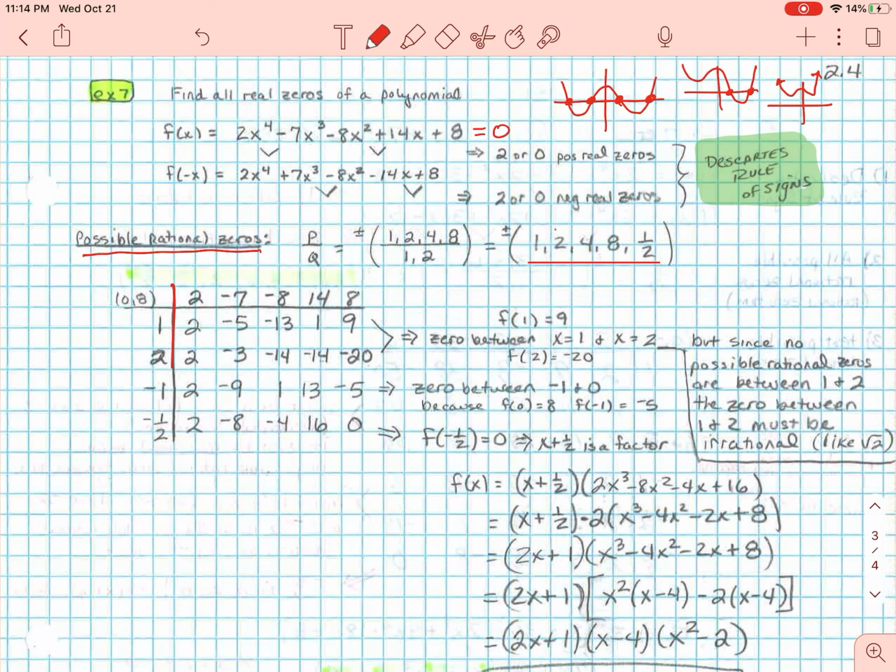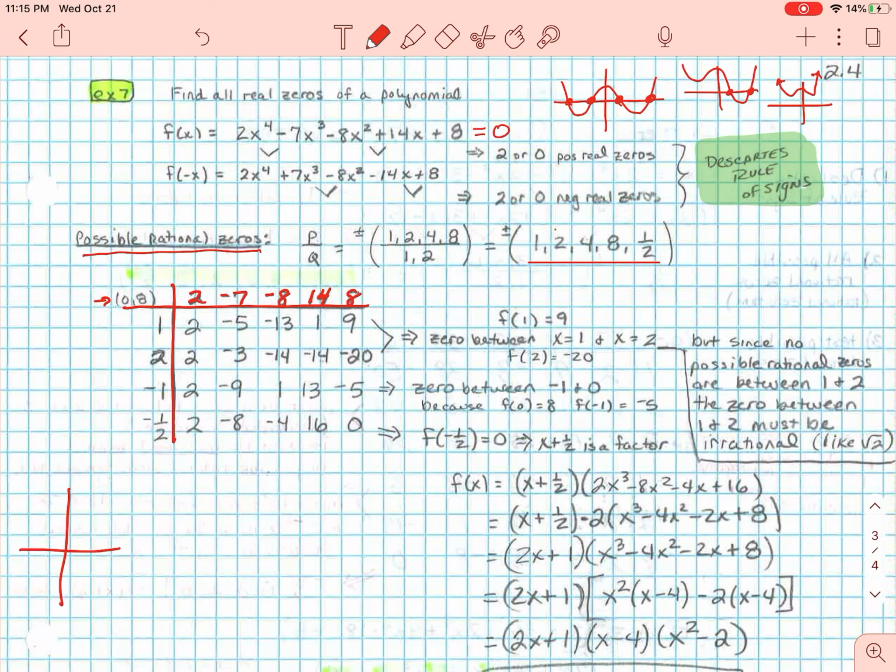We're going to make our little T or cross or whatever, and we're going to put in our coefficients: 2, -7, -8, 14, and 8.